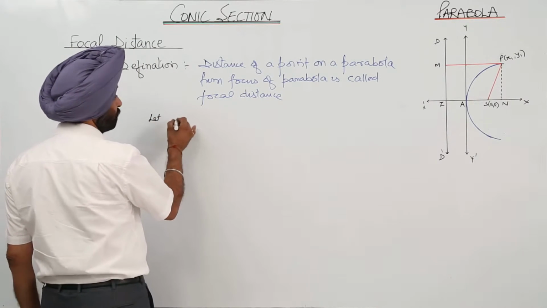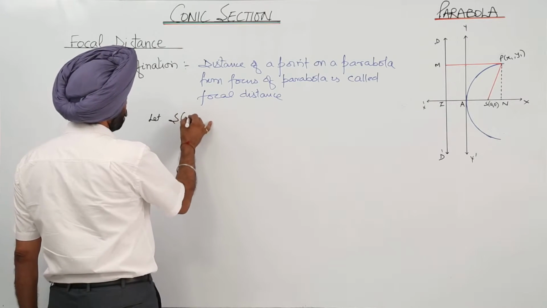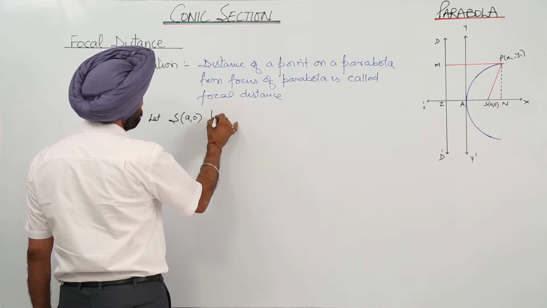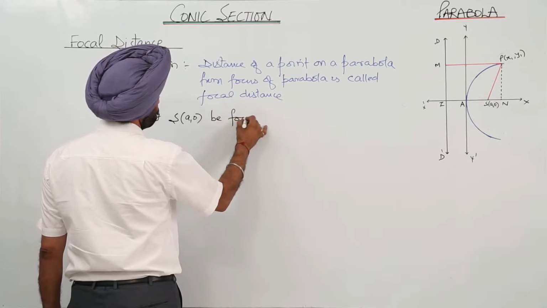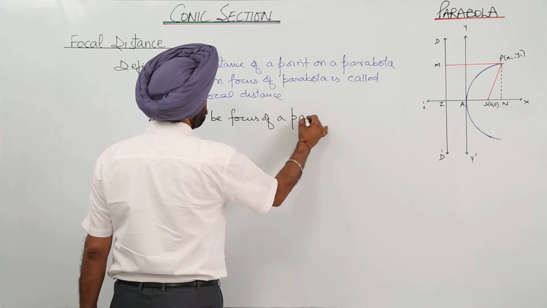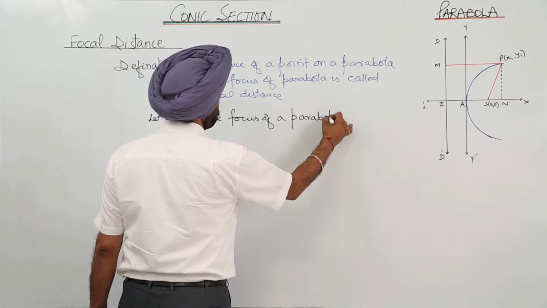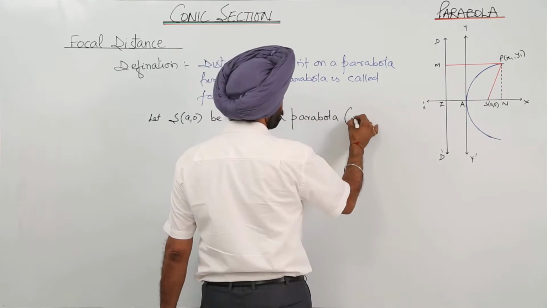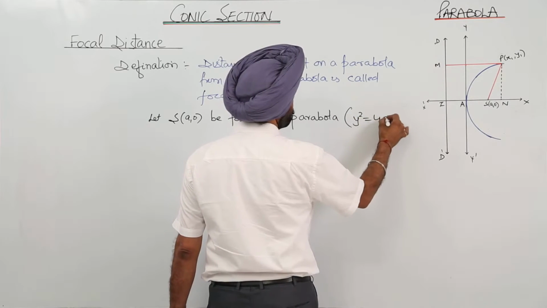Now let S(a, 0) be the focus of a parabola, and here the equation of the parabola is y square is equal to 4ax.